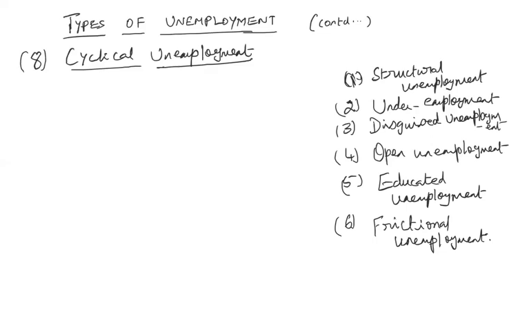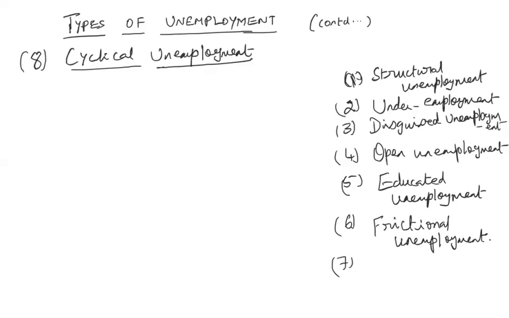Because of that ignorance and imperfections in the labor market, frictional unemployment arises. Also sometimes when people want to move from one job to another, one occupation to another, during the transit period they remain unemployed for a certain period of time. But this is only a temporary type of unemployment. So that is frictional unemployment.